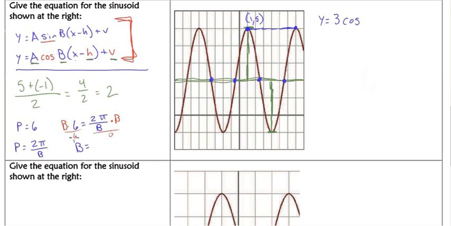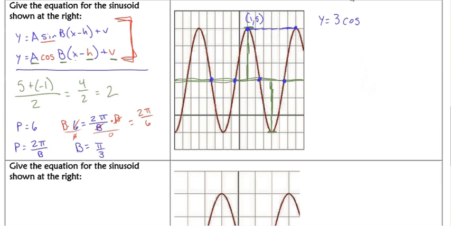So 6 divided by 6 cancels out, B divided by B cancels, and we end up with B equal to 2 pi over 6, which reduces down to pi over 3. There's our B value. Again, that came from the period being equal to 2 pi divided by B. We knew the period is 6, we counted that from the graph, and worked our way through to solve for B.